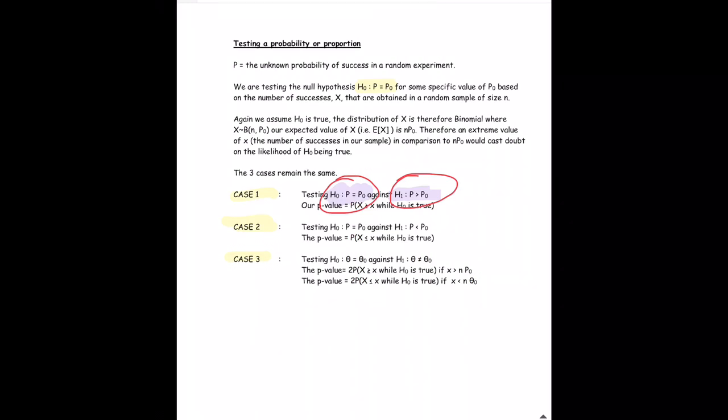Same then for a less than. Maybe a company is claiming that 80% of people use their product, and someone comes along and says, no, I think they're telling porkies, I think it's actually less than 80%. Okay, we'll test that then.